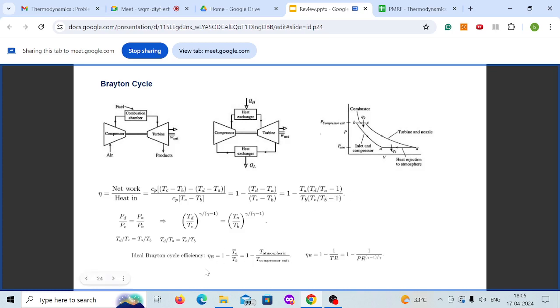It will come out to be 1 minus Ta by Tb, which is the inlet and outlet temperatures of the compression. So from that you can straight away find out the Brayton efficiency as 1 minus 1 by the temperature ratio, or in terms of pressure ratio, 1 minus 1 by pressure ratio raised to the power (gamma minus 1) by gamma.